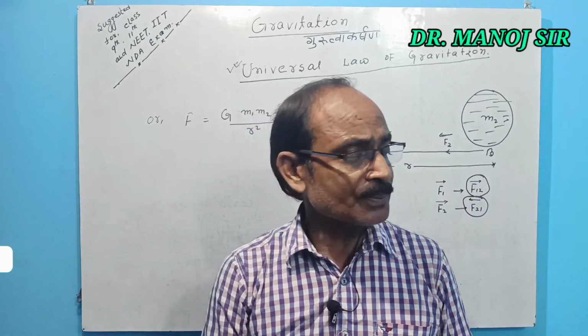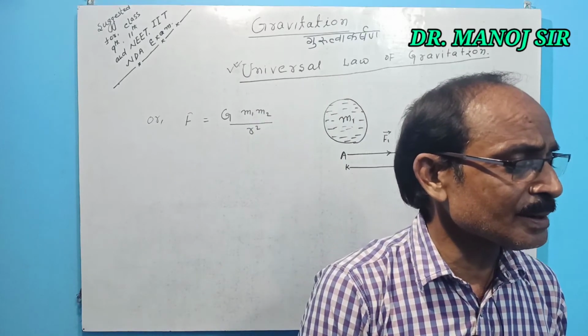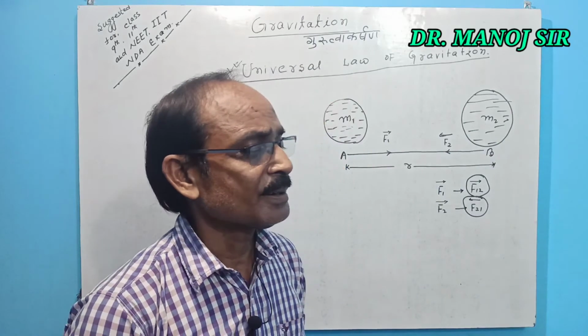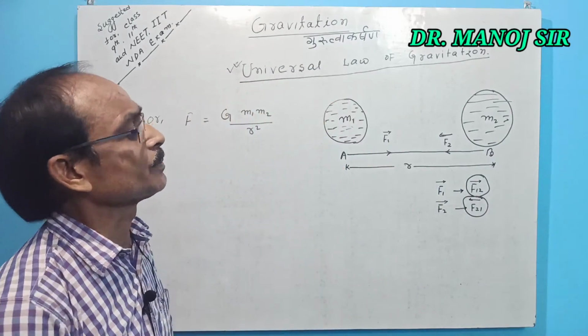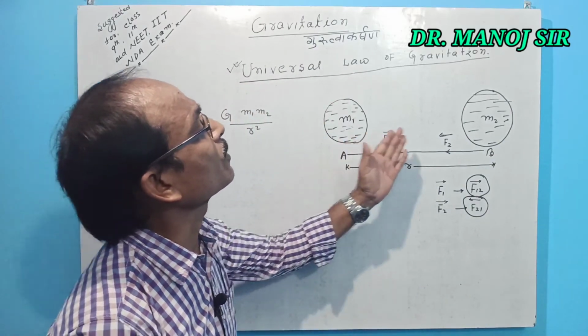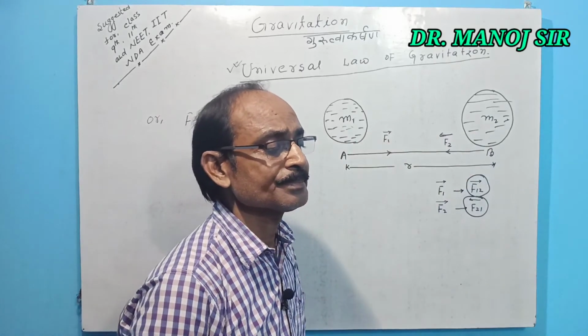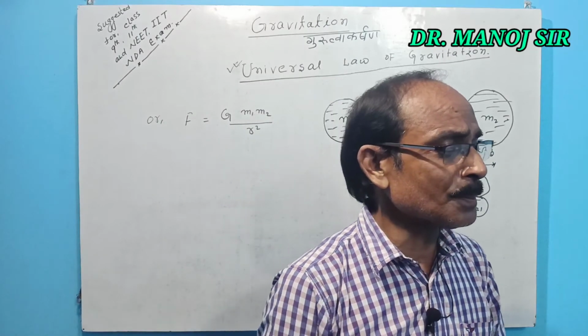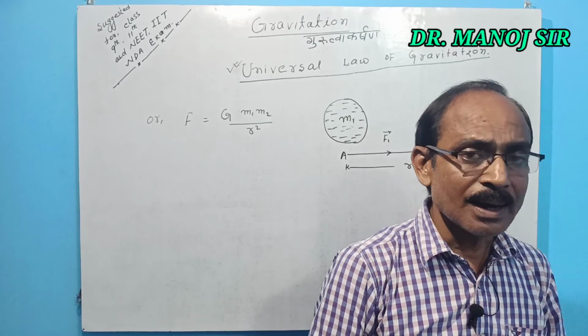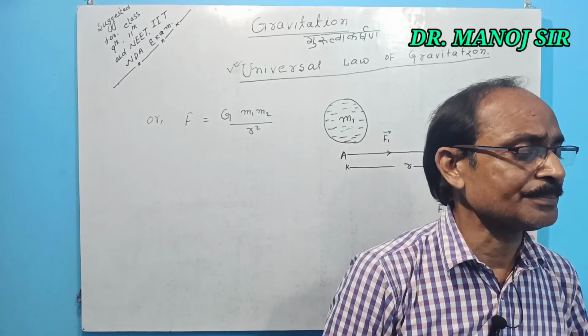The value of gravitational constant G doesn't depend on the mass of the bodies and the distance between the bodies.